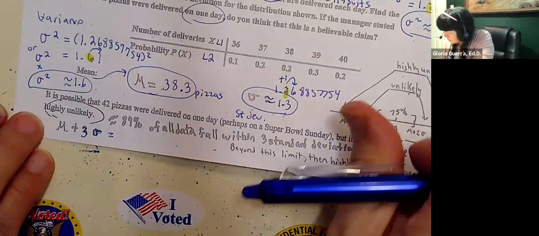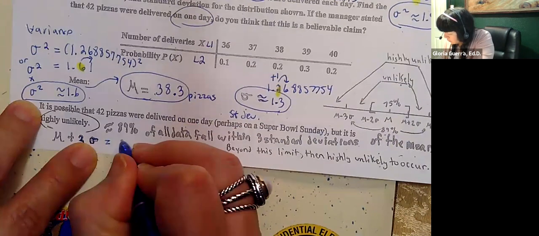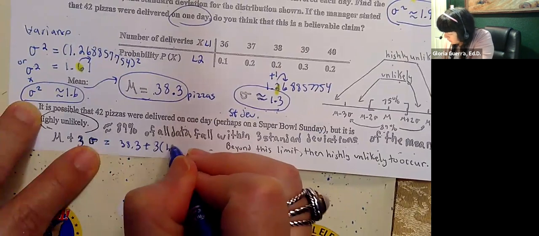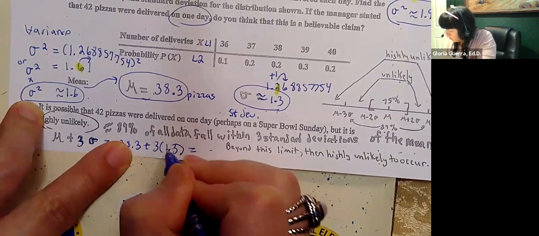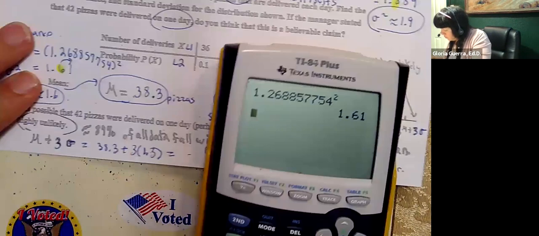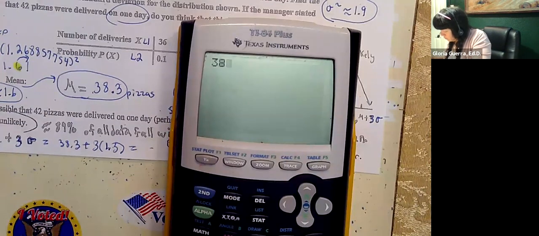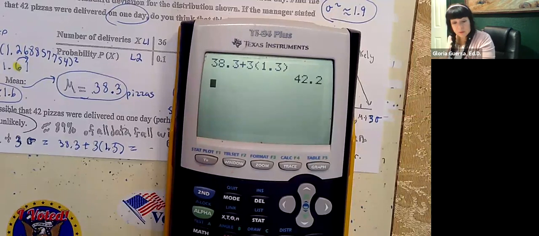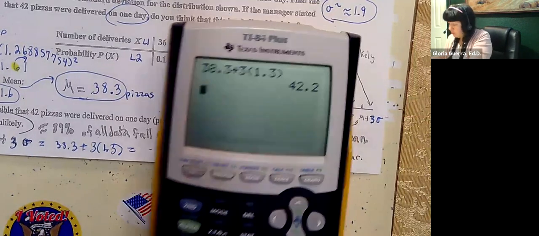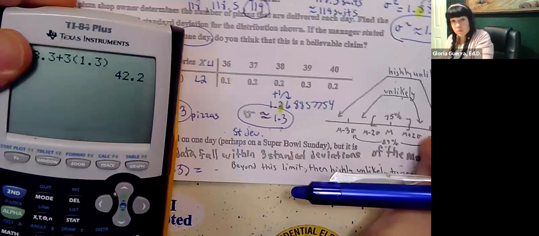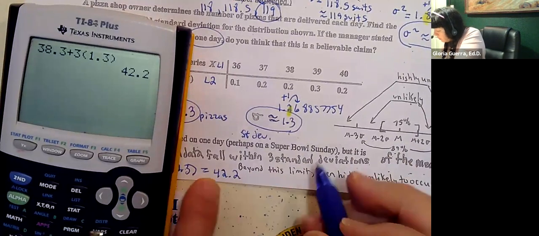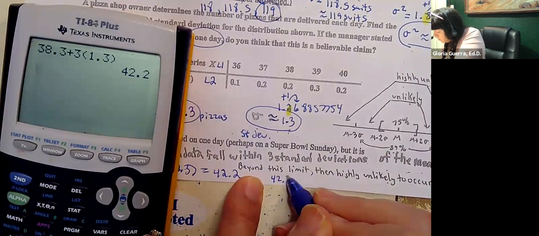The mean here was 38.3 plus 3 times sigma, which was 1.3. I'm getting 42.2 pieces. And remember, I multiply it times 1 day.